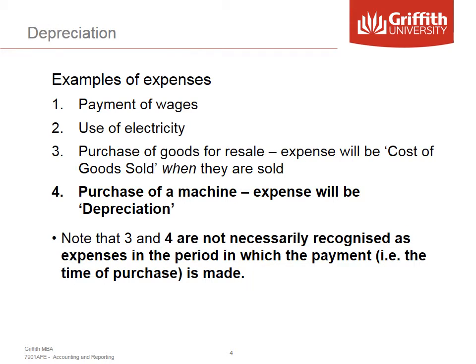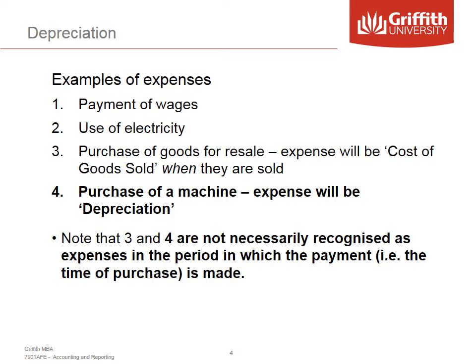Our topic in this mini lecture is that of depreciation. And depreciation always relates to a non-current asset. So first of all, for there to be an expense depreciation, you must have at some time in the past purchased a non-current asset. In this example, we're talking about the purchase of a machine.